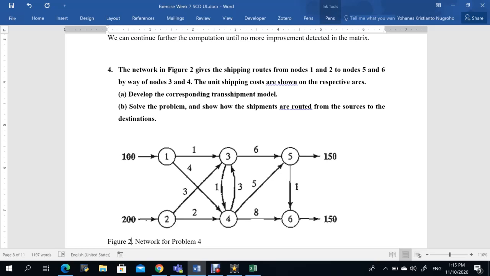And in application, this kind of transportation network is mostly used for minimizing the total cost of transportation, at the same time also getting the advantage of economic order quantity, meaning that instead of shipping directly from 1 to 5, it is better to stop for a while at station number 3, because station number 3 will consolidate product transportation from 1 and 2, and therefore will achieve economy of scale of transportation from 3 to 5 or 3 to 4 or 4 to 6.